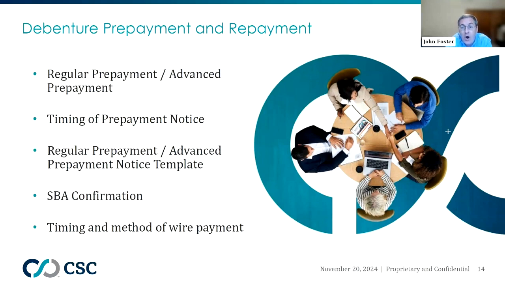Whereas if you had one debenture for the full 10 million, you wouldn't be able to partially pay. So having as many debentures as you can gives you the flexibility to plan your cash forecasting.